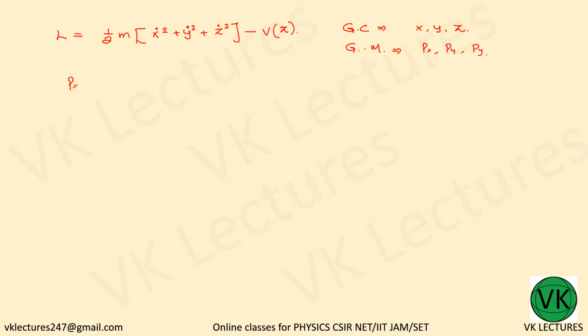Then px is equal to dou L by dou x dot, which is equal to m x dot. Py equals dou L by dou y dot, that's equal to m y dot. Pz is equal to dou L by dou z dot, equal to m z dot. So these are the generalized momenta.